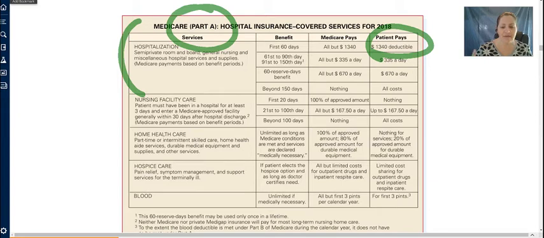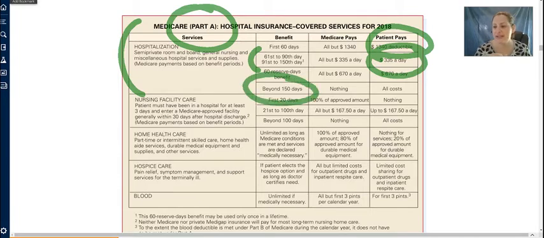So if I get hospitalized, I'm going to get a bill for $1,340 for my hospitalization. Whether I stay there 1 day or 10 days, my amount doesn't change. Medicare will pay the rest. Now, if I stay a long time, then I'm going to get a bigger bill. Okay? And they will not pay beyond 150 days.